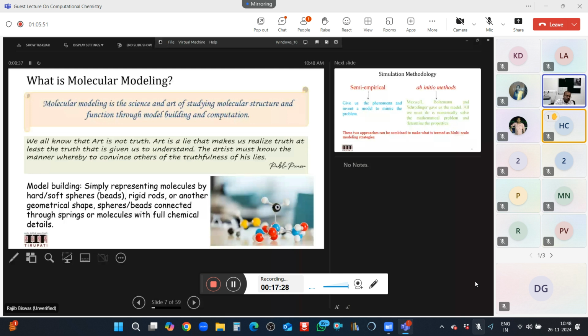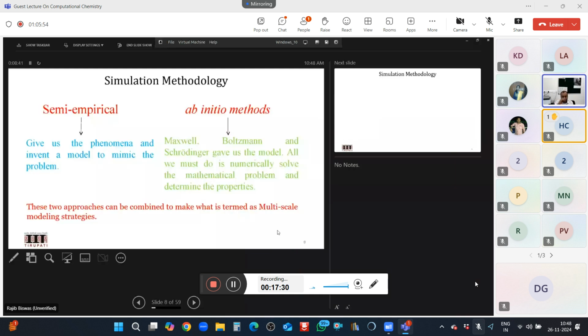Before going into too much detail on molecular modeling, there are majorly two different approaches. One is the atomistic domain, which covers ab initio methods, which we would like to use if we want to study the electronic properties in a very accurate way.